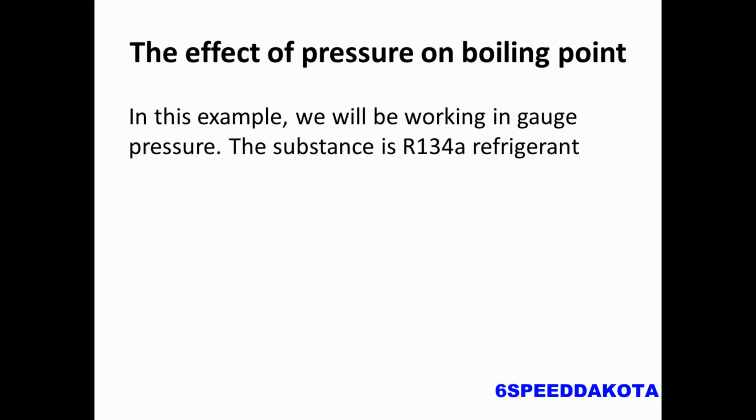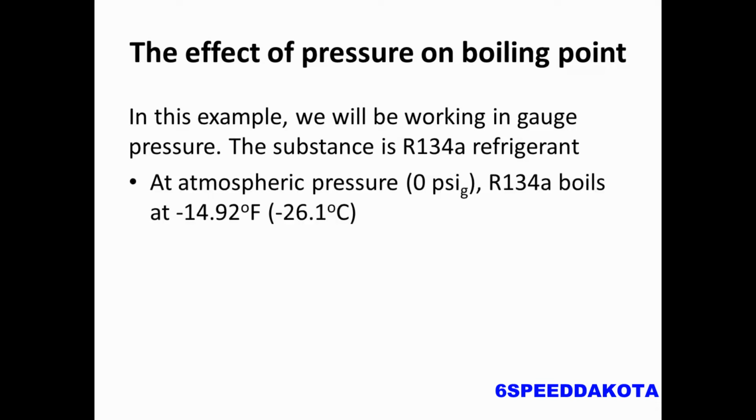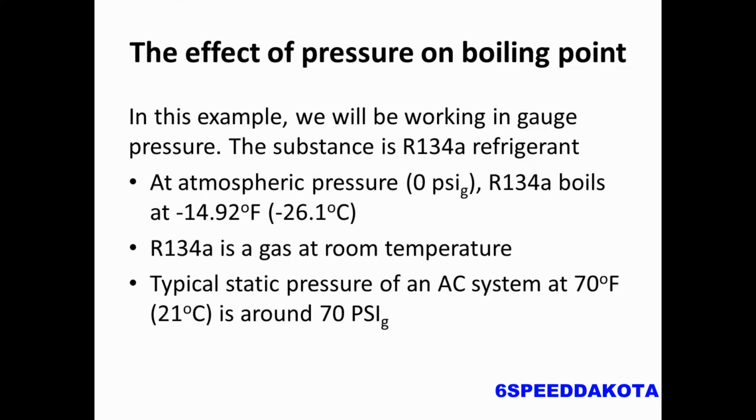So now we'll talk about our refrigerant in our system, and we will actually be working in gauge pressure, since every example from this point on will be in gauge pressure. At atmospheric pressure, so 0 psi gauge, R134A, which is a very common refrigerant used in just about every vehicle today, boils at minus 14.92 degrees Fahrenheit or negative 26.1 degrees Celsius. So R134A is actually a gas at room temperature at atmospheric pressure.